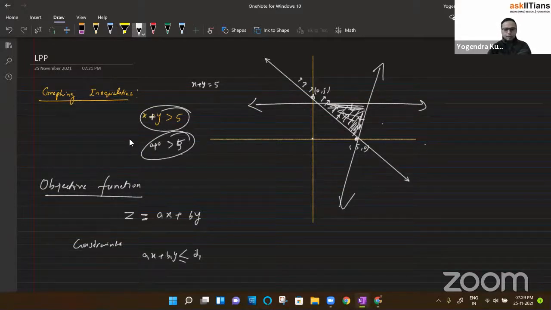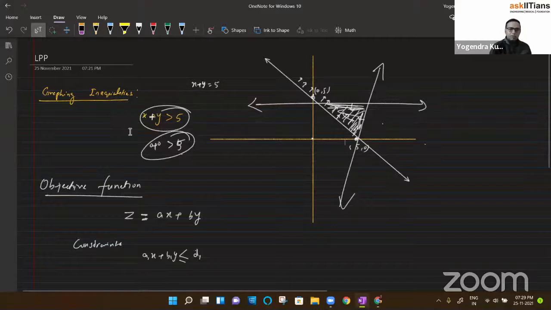Points within the feasible region are feasible solutions. The optimal feasible solution is any point in the feasible region that gives the optimal value, maximizing or minimizing, the final answer.